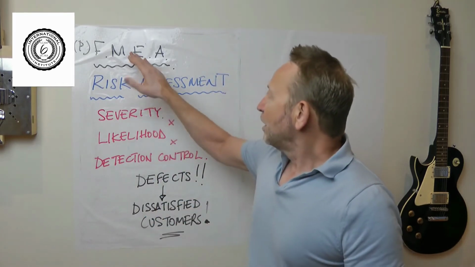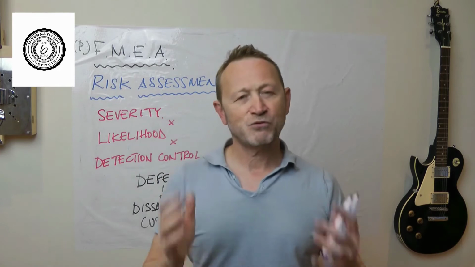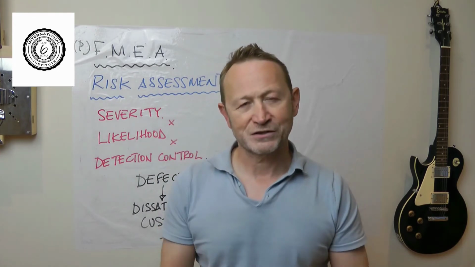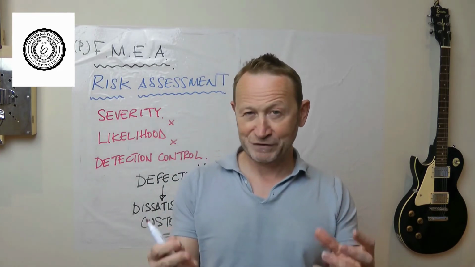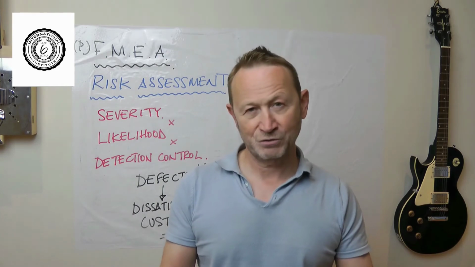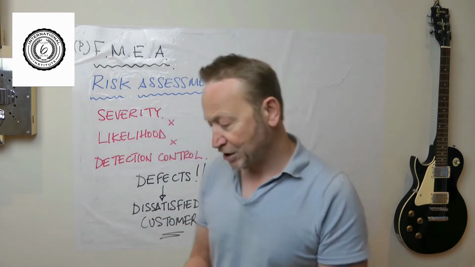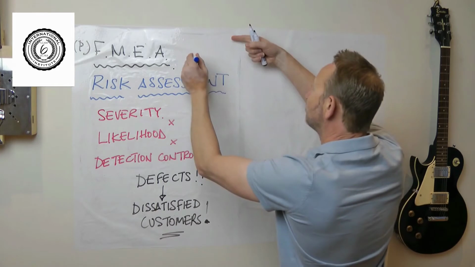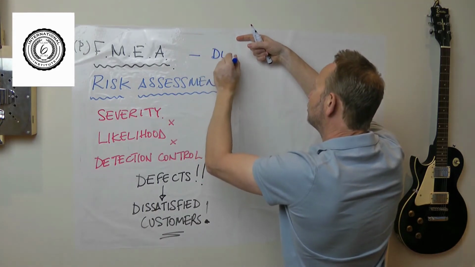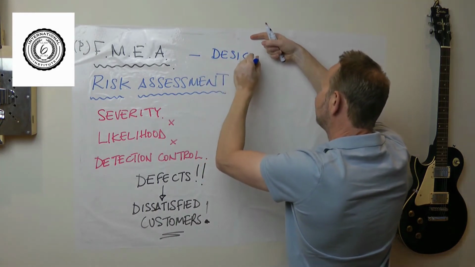Now, if you use a process FMEA properly, and this is what I've advised my client to do, he has a new process. What I'm going to get him to do is design the process.